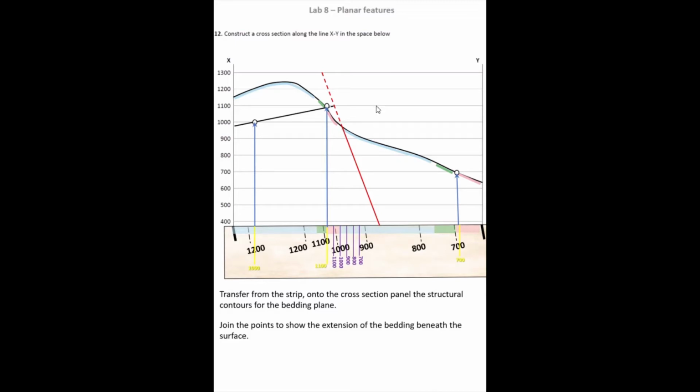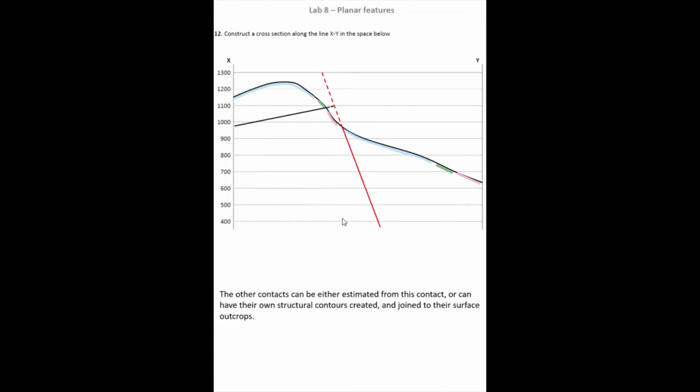And then if I was a real sucker for punishment, I could go back and draw another set of structural contours for the contact between the green and the blue. But because I've had a look at the map and the contacts seem parallel to each other in map view, I'm just going to estimate that the other contacts that we see in the area are parallel to that one we've just drawn.